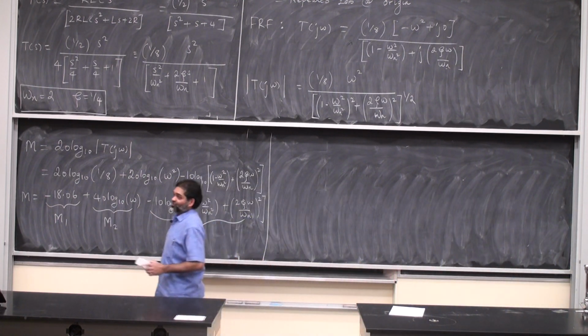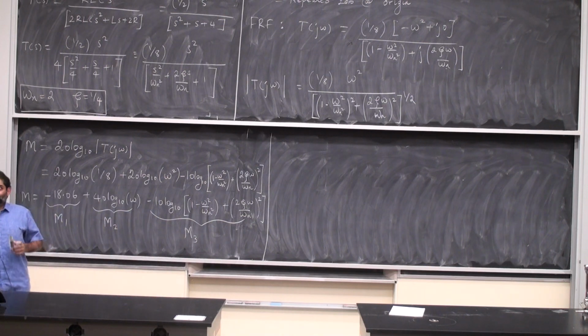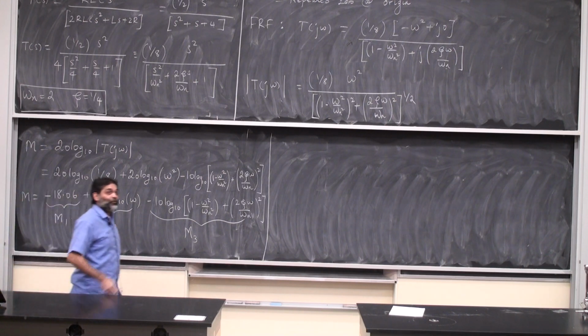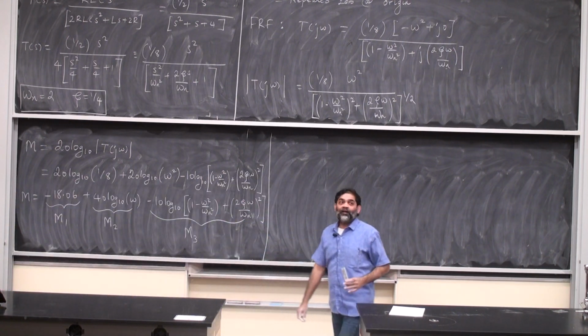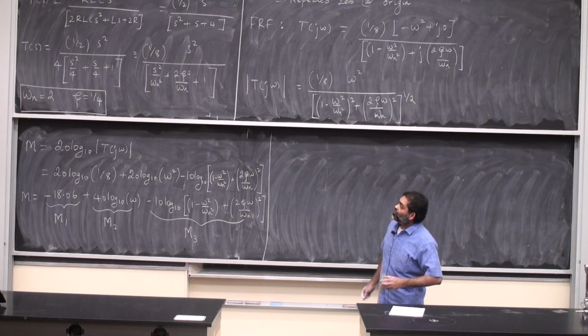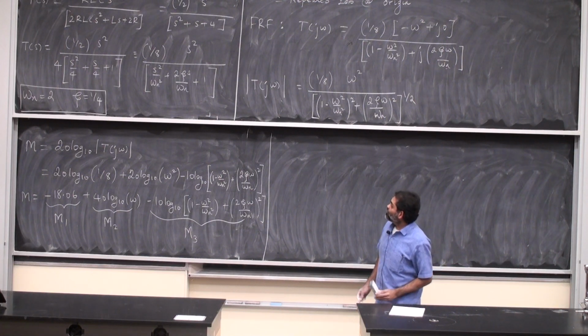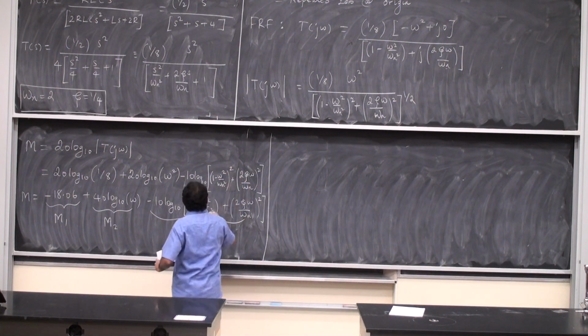M1 is simple, it's a straight line. M2, yes, question? Quick question: M1, M2, and M3 all include signs too? Absolutely. That's what I talked about last lecture as well, and I'll be writing it out again. Another question: does the first term in the log 10, 1 minus omega squared over omega n squared, have a square? Oh, yes, there's a square. I'm missing it. Thank you.